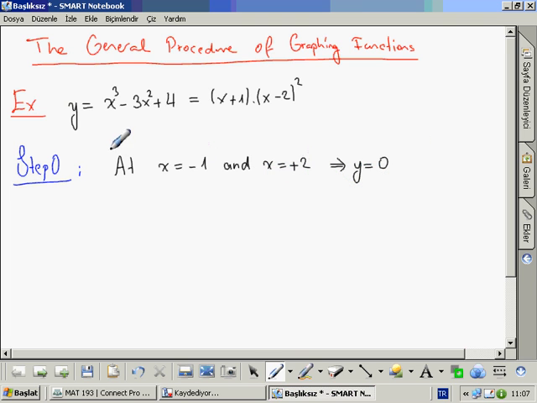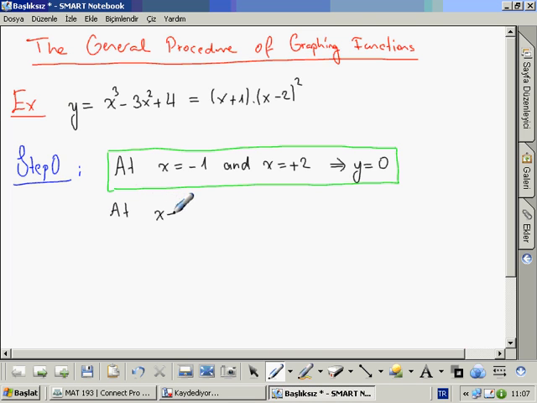This is the first intersection axis point, I'm sorry, and the second one: at x equals 0, we know that y equals +4.